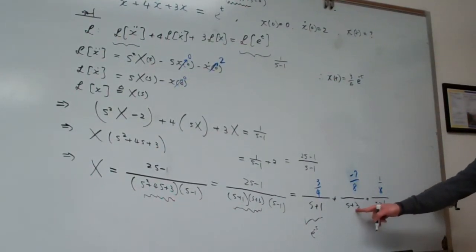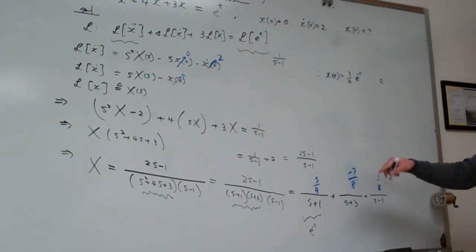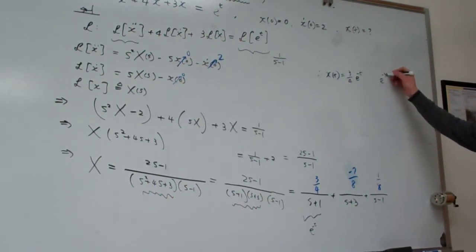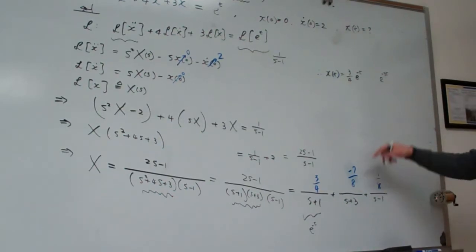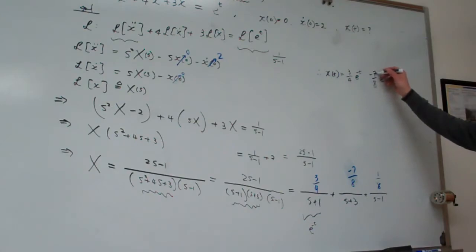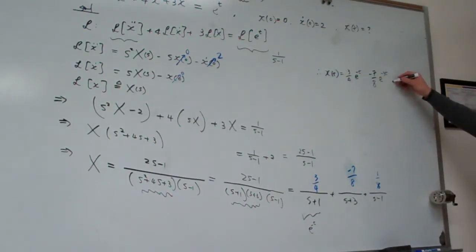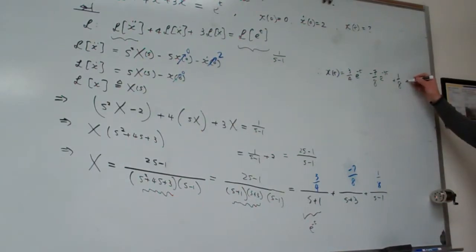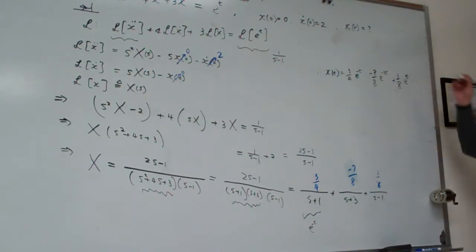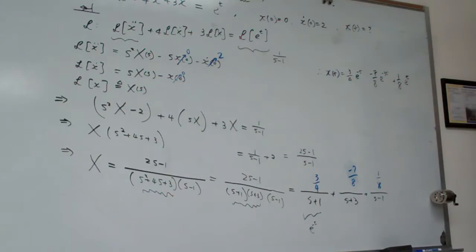For the second term, that is 1 over s plus 3, which corresponds to e^(-3t), and with the coefficient multiplied, that is minus 7/8. The last term has coefficient 1/8, and 1 over s minus 1 corresponds to e^t. Good. So that's the result.